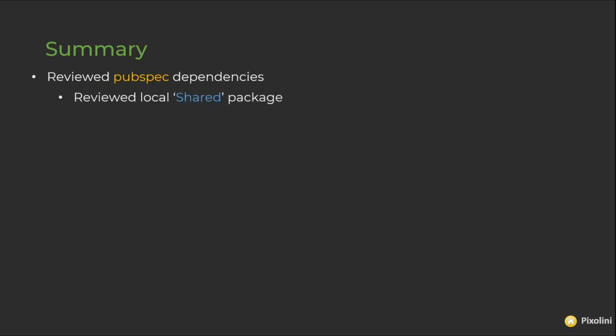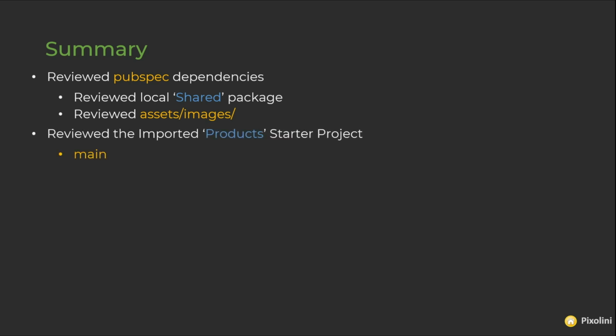Let's get a summary of what we looked at. We reviewed the pubspec dependencies, how to declare the local shared package, and declaring the assets and images folders. The main Dart file, which shows the dark and light themes and changes according to the device settings. The global API URL, which has the URL it will call on the RESTful API.